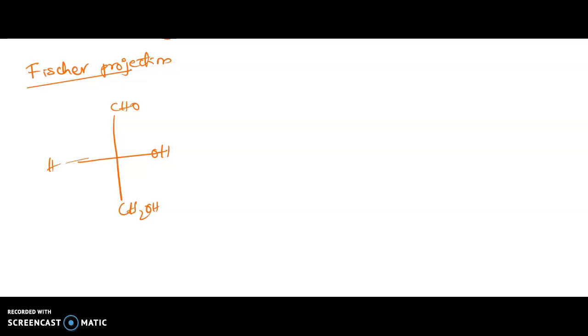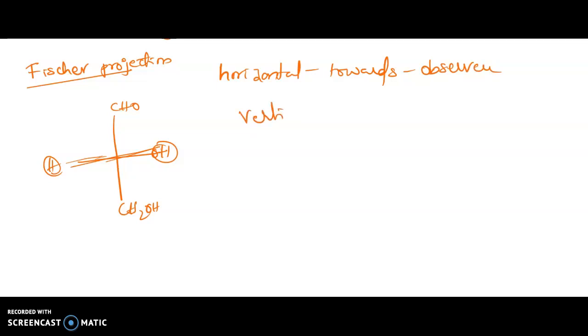The groups attached to the horizontal lines represent bonds towards the observer, and the vertical lines represent bonds away from the observer.